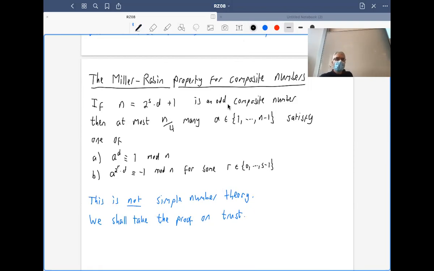So if we have an odd composite number n, we can take 1 away from it, and then we've got an even number, so we can write n minus 1 as 2 to the power of s, where s is at least 1, times d, where d is an odd number.